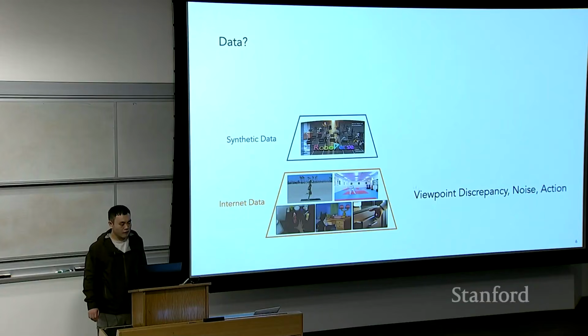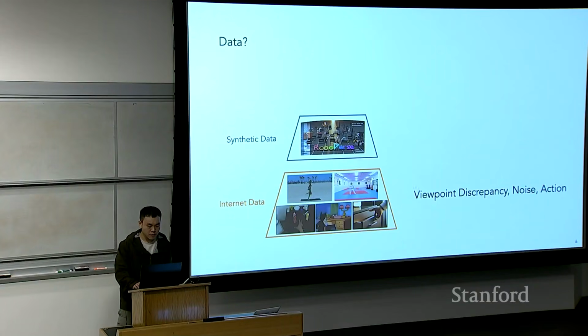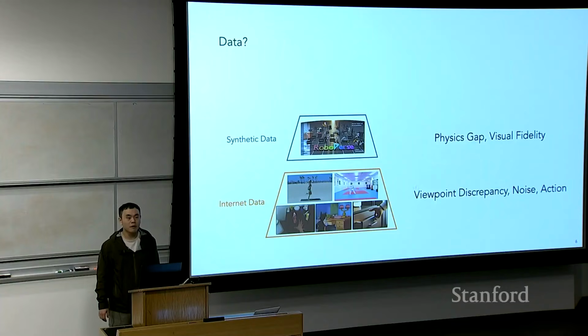If we go one level above, we will probably use simulation data. This is the RobotVerse project that I got involved in. With simulation, you can solve locomotion very easily by running large-scale simulation. However, there is always a huge domain gap between simulation and the real world.